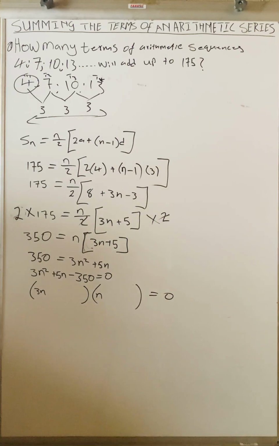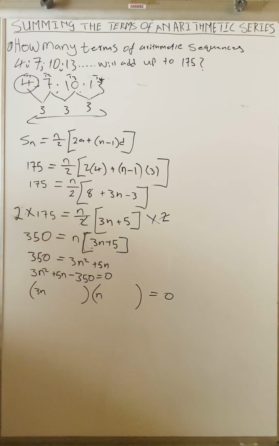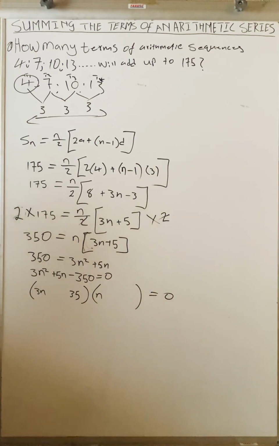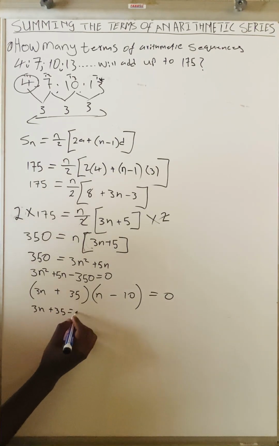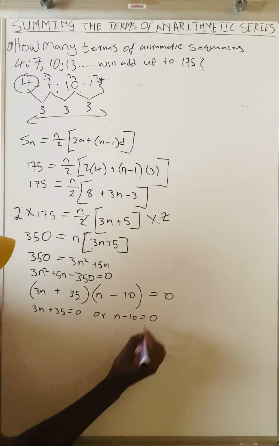Then you need factors that, when multiplied, give you 350, which are 35 and 10. This one takes the positive sign, this one takes the negative. You just write 3n plus 35 is equal to 0, or n minus 10 is equal to 0.